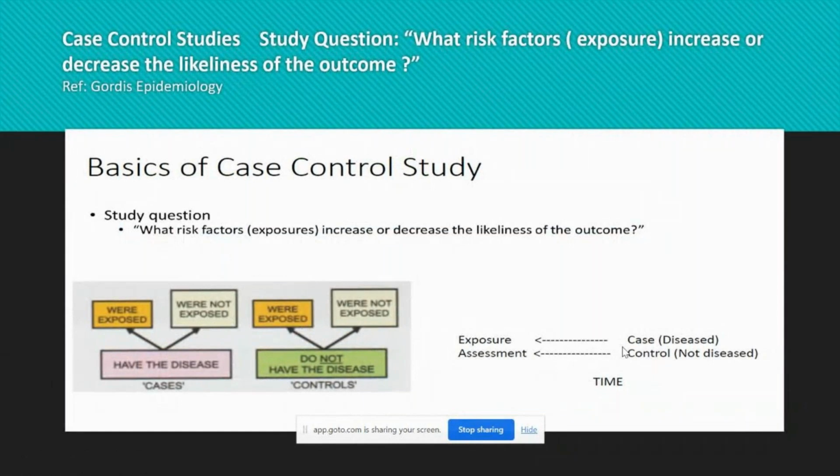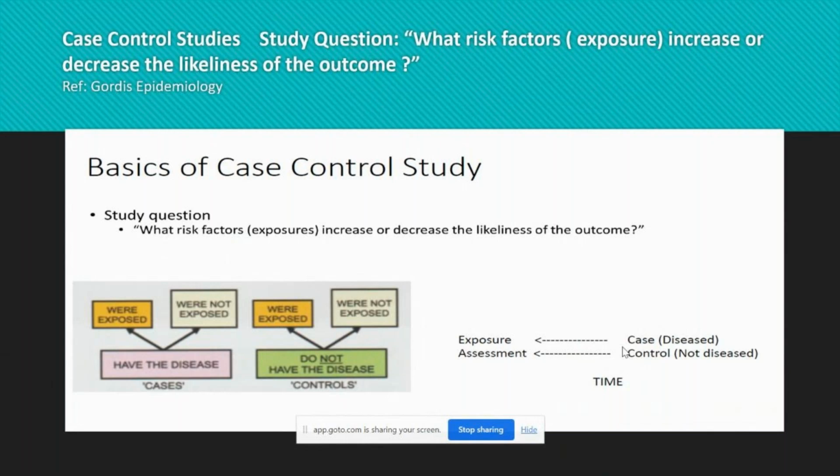So, the case control studies. Why do we do them? Each type of study is going to answer a different type of question. If your study question is what risk factors, these are the exposures, increase or decrease the likeliness of the outcome, this type of question can be answered best with a case control study.